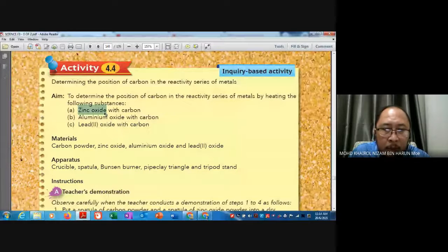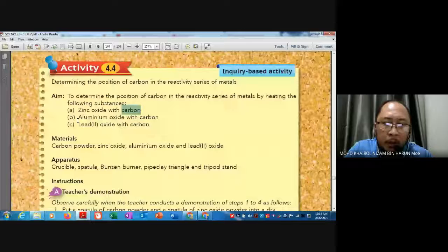We put zinc oxide and carbon together and want to see what exactly happens when these two substances are mixed together. The second is aluminium oxide reacting with carbon, and the third is lead(II) oxide reacting with carbon.